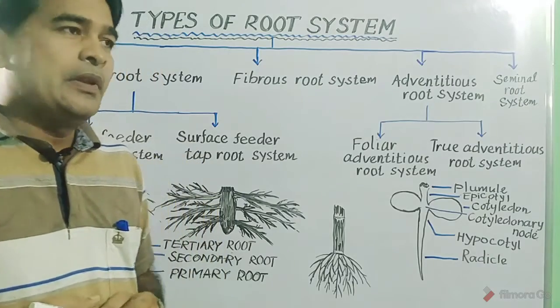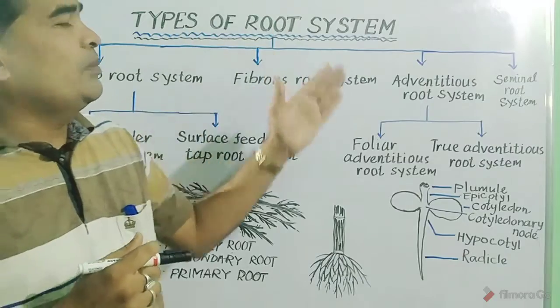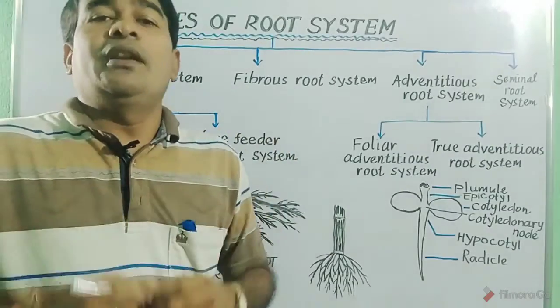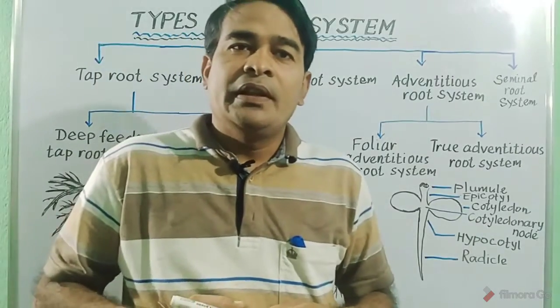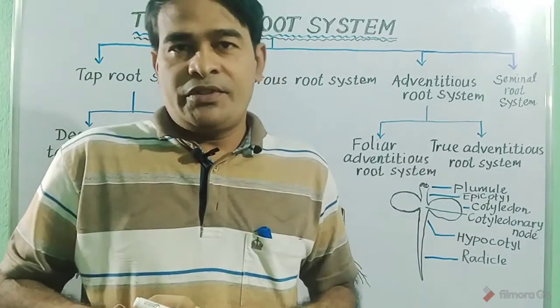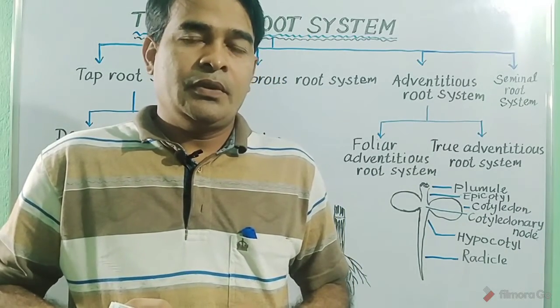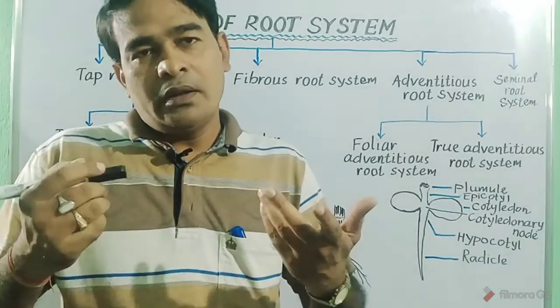Before studying the types of root system, let us know what root system is. As we know, there are numerous roots in a plant. The plant may be an angiosperm, gymnosperm, or a pteridophyte.